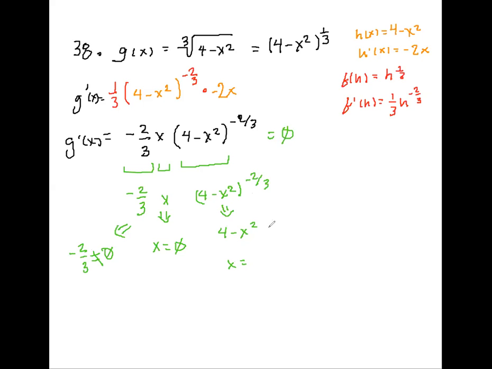If I work this out, this is equal to 0, so 4 is equal to x squared, so root 4 is equal to root x. Yes, it's going to be plus or minus 2, just because we need to make sure that we recognize that minus 2 squared is still 4. So I'm going to erase some of this and write down what our critical points are. Here we're going to have our critical points.